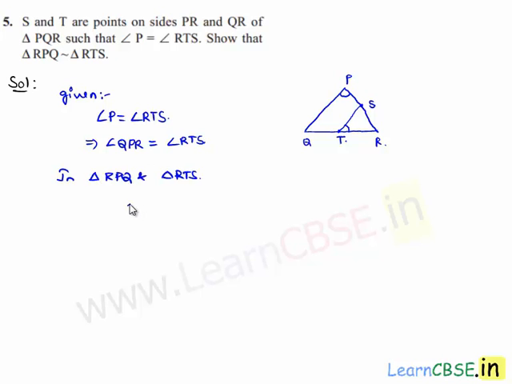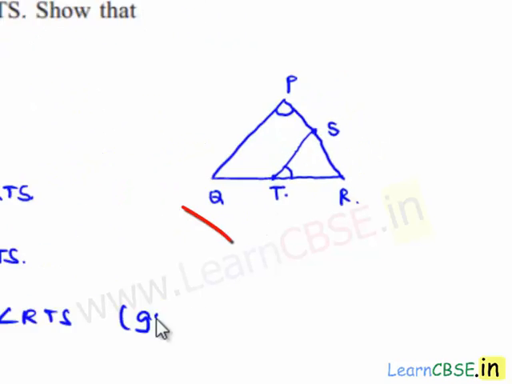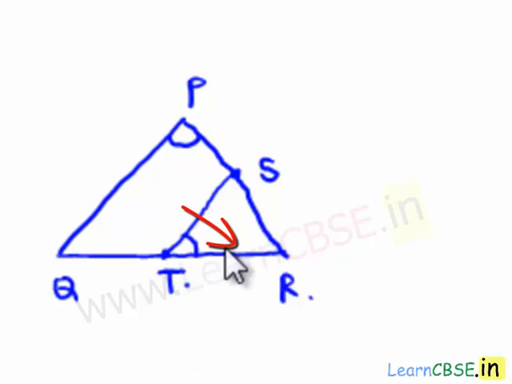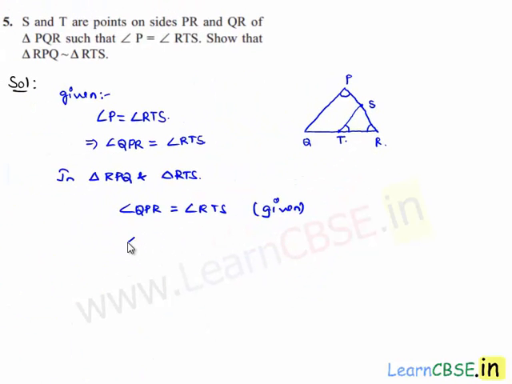In these both triangles, angle QPR is equal to angle RTS, it is given. And in these both triangles, angle PRQ is equal to angle TRS, since it is a common angle for both the triangles.